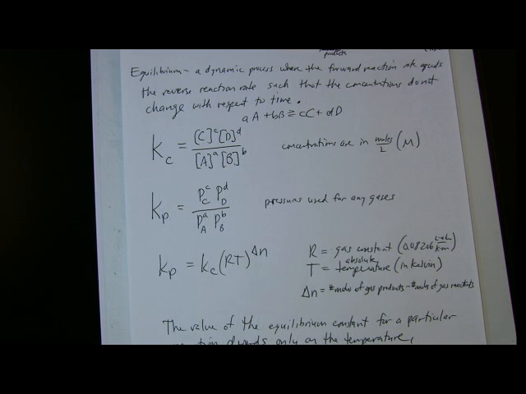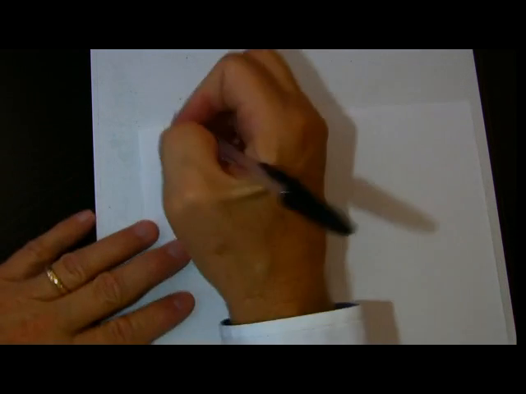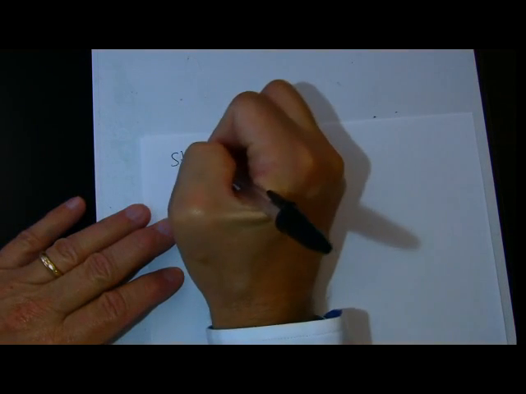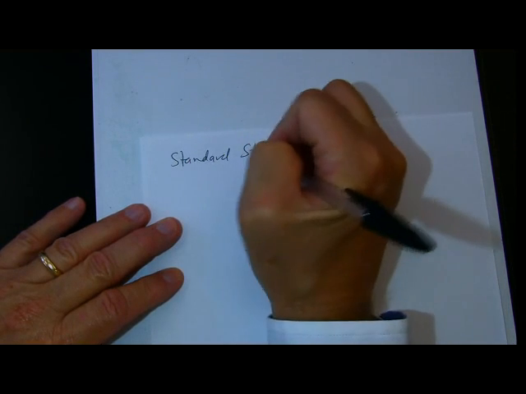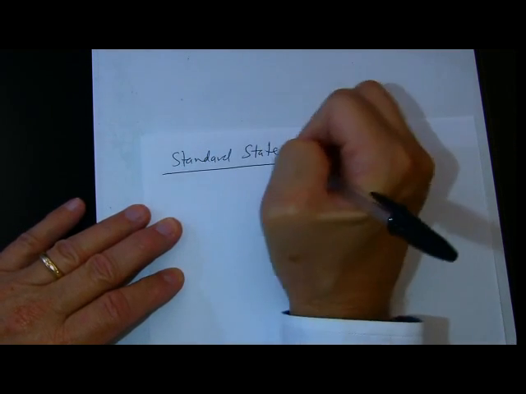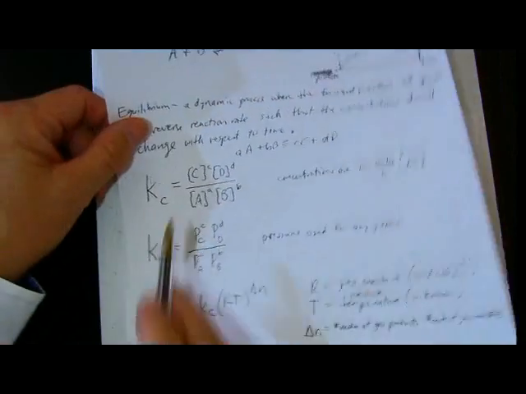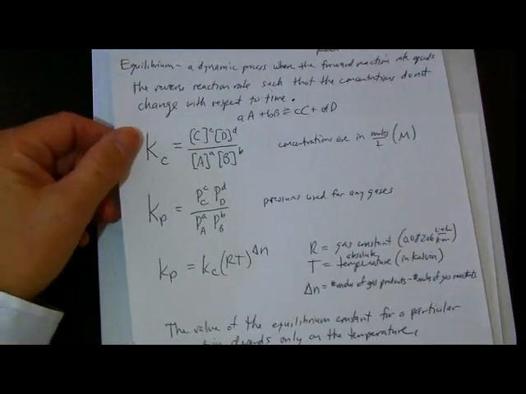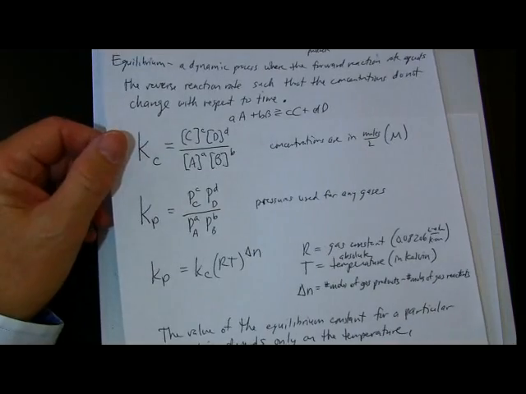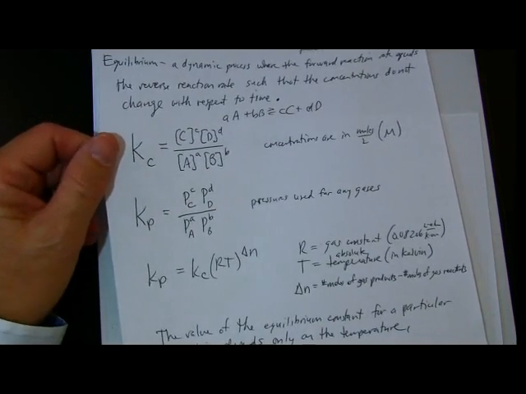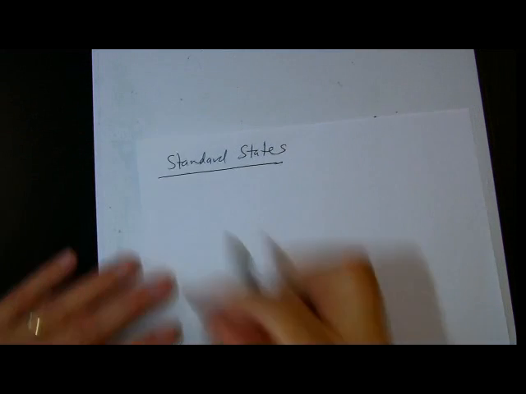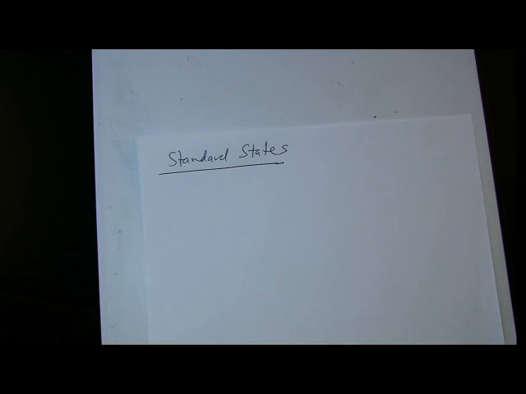So hopefully, last semester you talked about standard states, and hopefully you didn't get any wrong information about standard states. But these concentrations or these pressures are ratios of the measured concentration versus what the concentration is for the standard state.